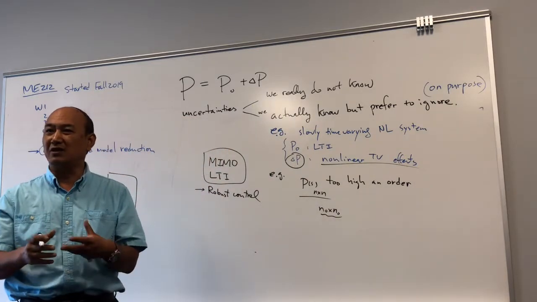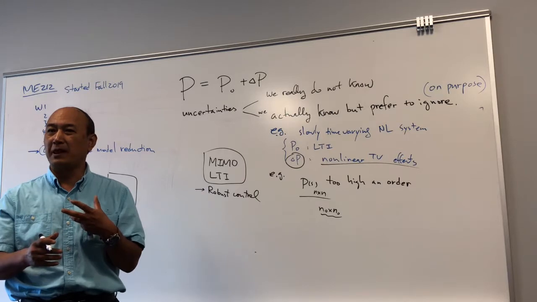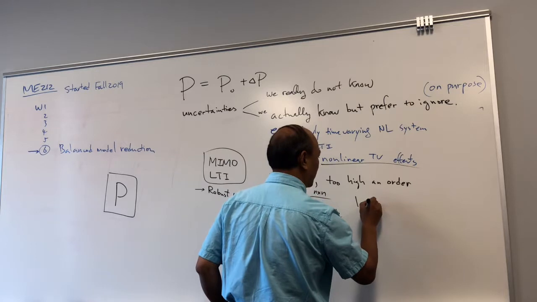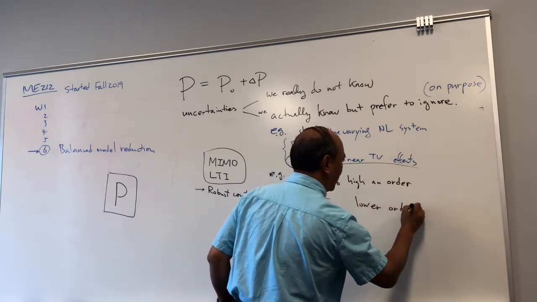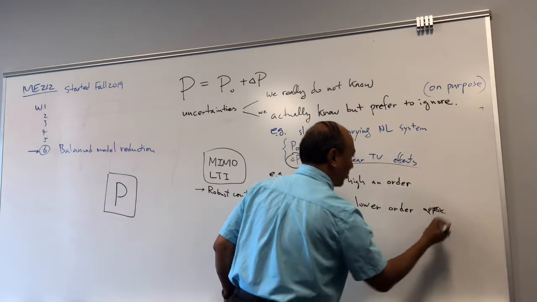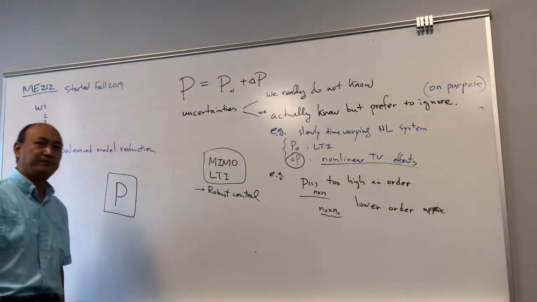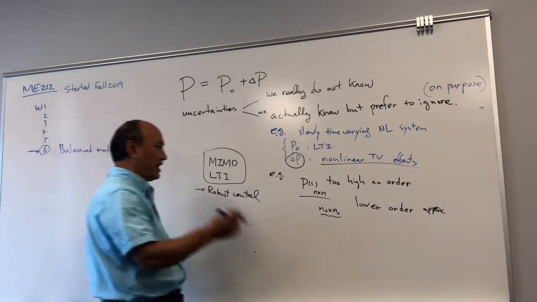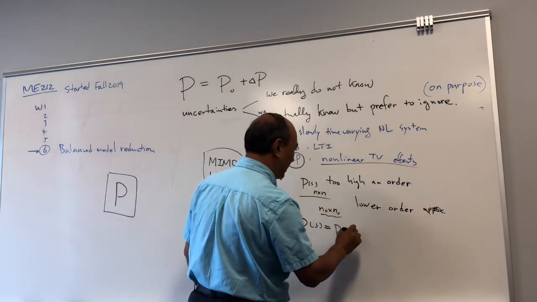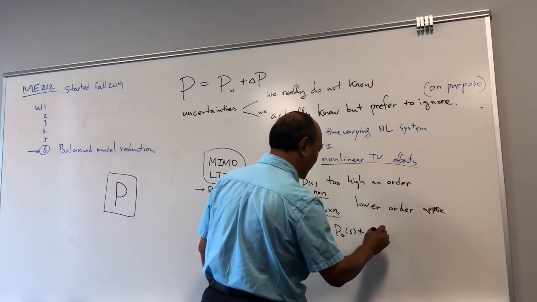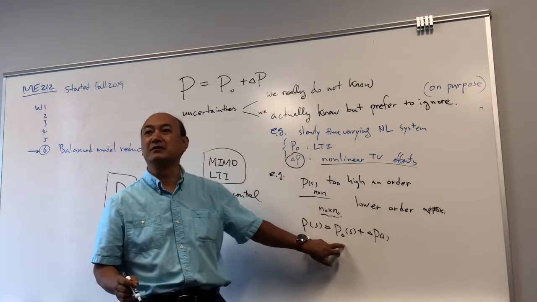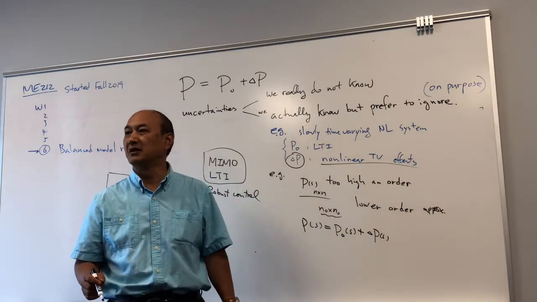Model reduction usually refers to a lower order approximation. Then you have P of S is P naught of S plus delta P of S. So this is called lower order approximation.